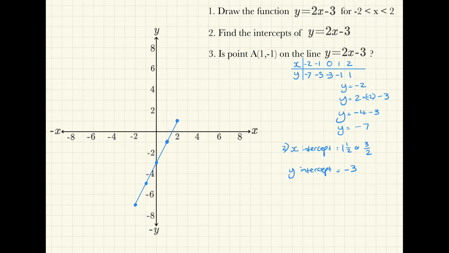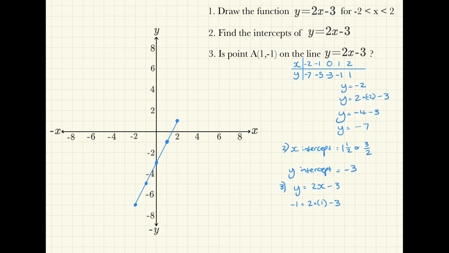So what I'll do is I'll write the equation again. So question 3: y equals 2x minus 3. Let's go ahead and substitute x for 1 and y for -1. -1 equals 2 times 1, take 3. Now, if the left side becomes equal to the right side, then we know that these coordinates are on the line.